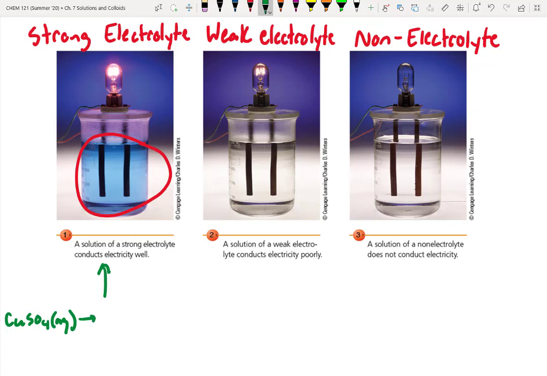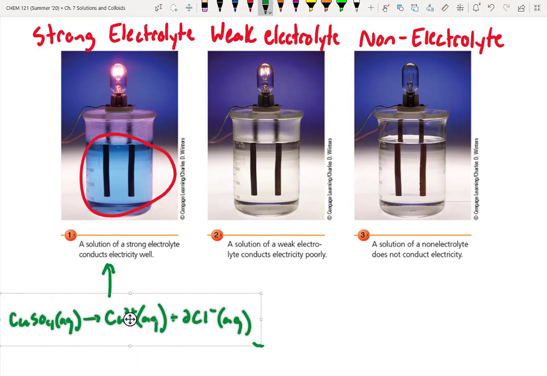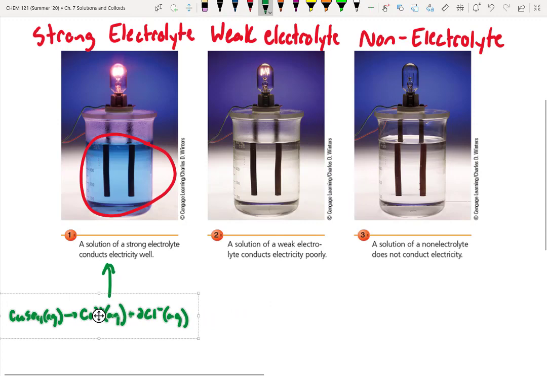And when this dissolves, you get copper 2+ as an aqueous cation, plus you get sulfate anions that are aqueous, right? So it completely dissociates into these ions. In fact, I'm going to just squeeze this down so we have a little bit more room to work with, but you're welcome to orient this however you want in your notes. Okay, so we've got our copper sulfate over here.